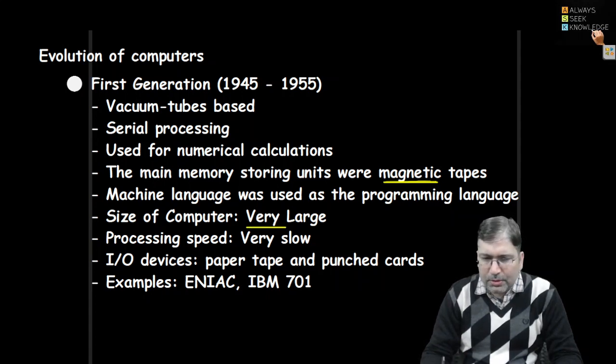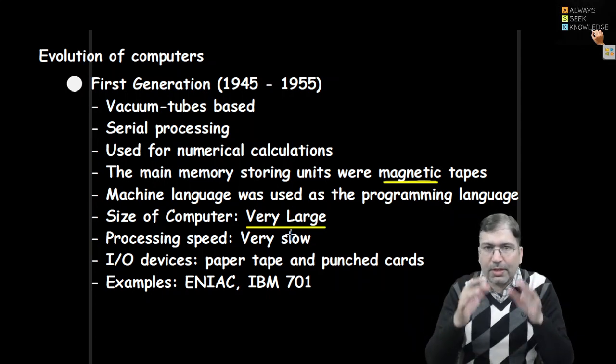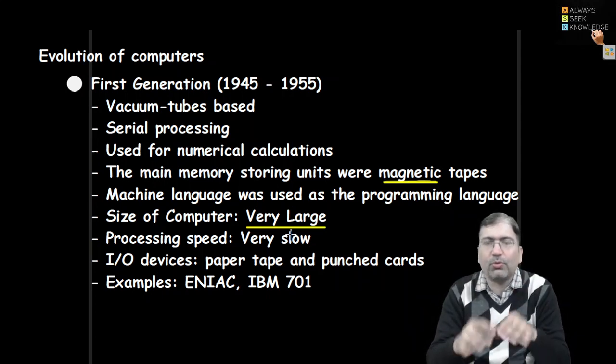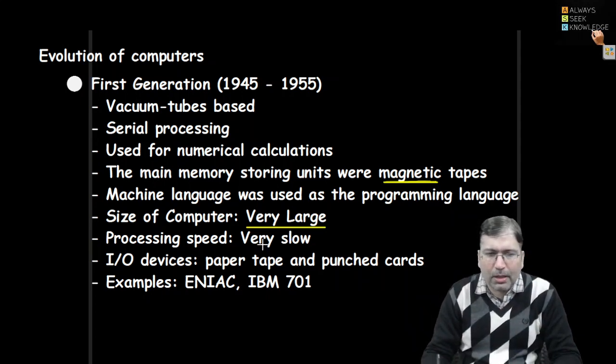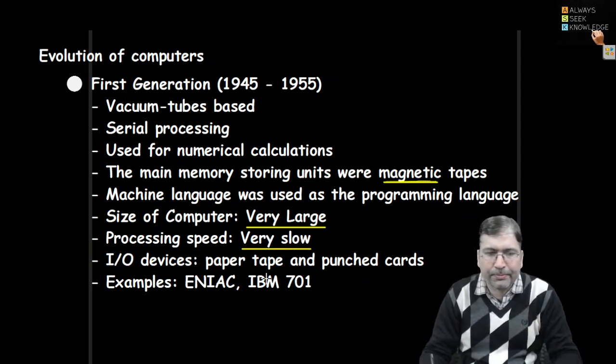The size of the computers was very large, like a big giant room. So the operators were sitting inside the computer to operate that machine. And the processing speed, if we compare with modern computers nowadays, was very slow. And the IO devices at that time were tapes or punch cards. For example, ENIAC or IBM 701.